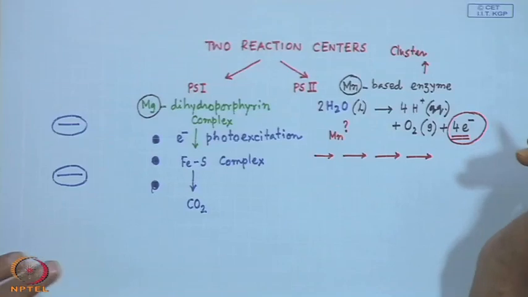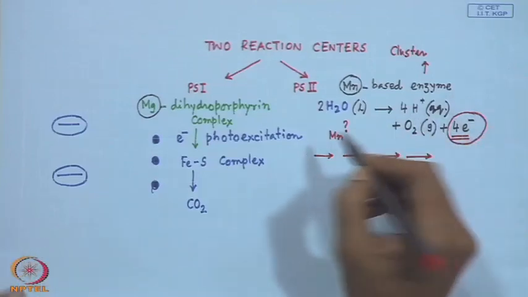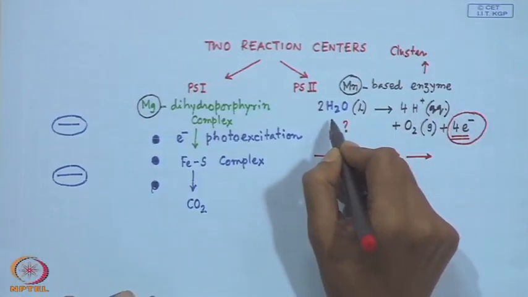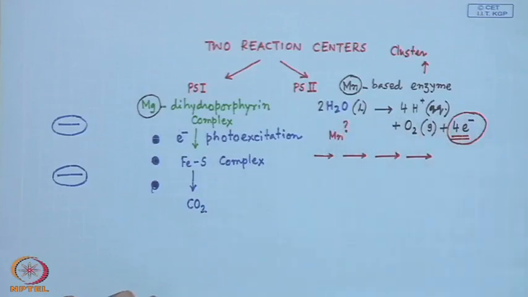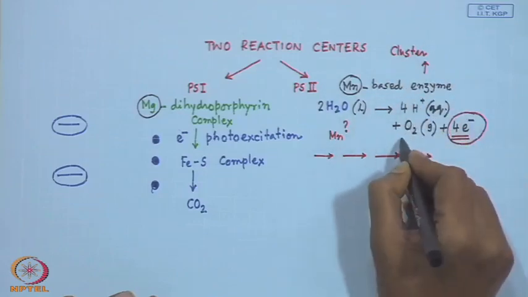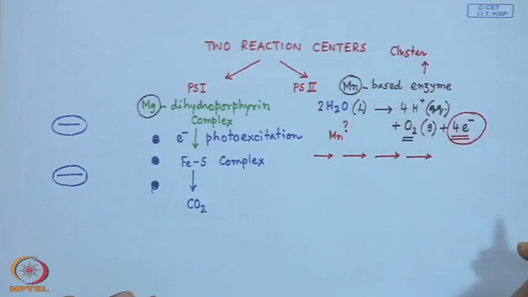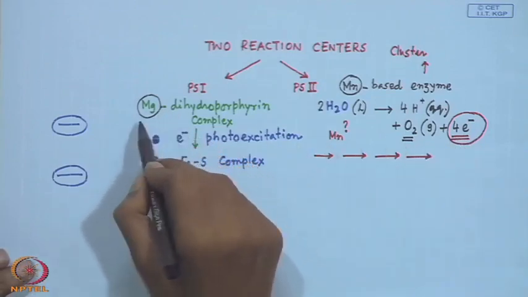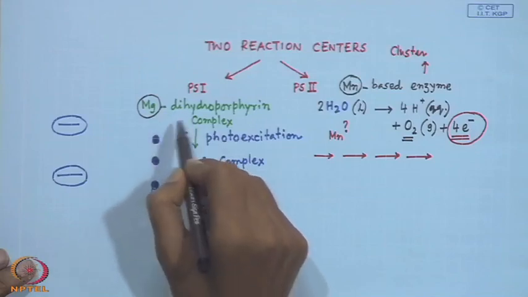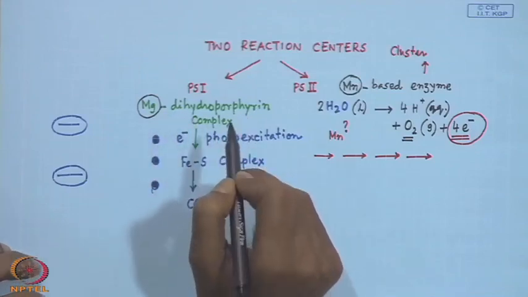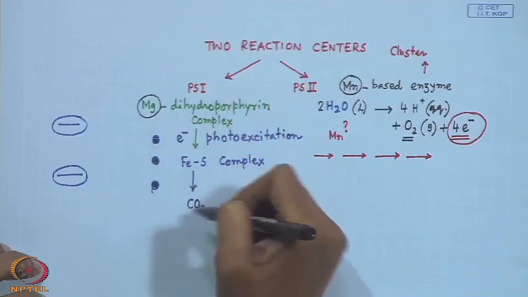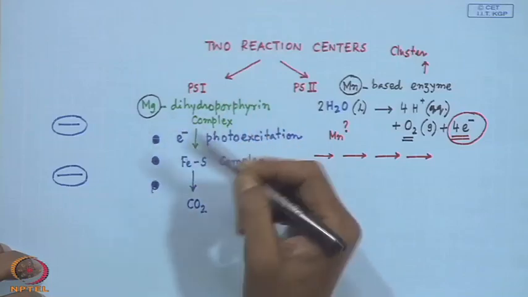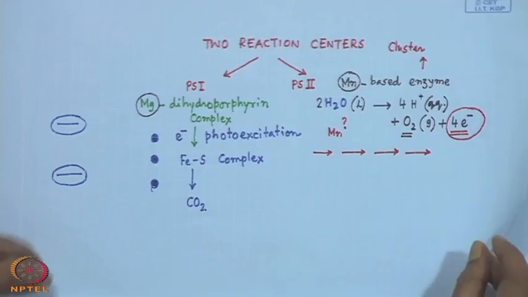So, it is a manganese based cluster system which will be responsible for the oxidation of water molecules, and at this very crucial step for photosynthesis, dioxygen is liberated. Slowly we will see how this magnesium dihydroporphyrin complex is responsible for photoexcitation and the corresponding electron transfer to the carbon dioxide molecules.